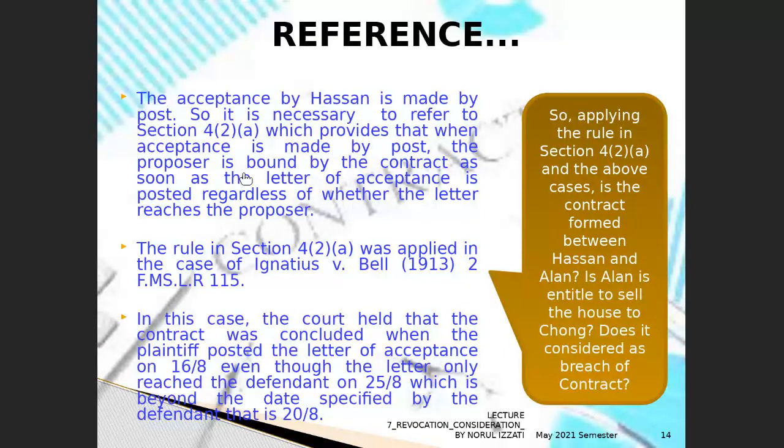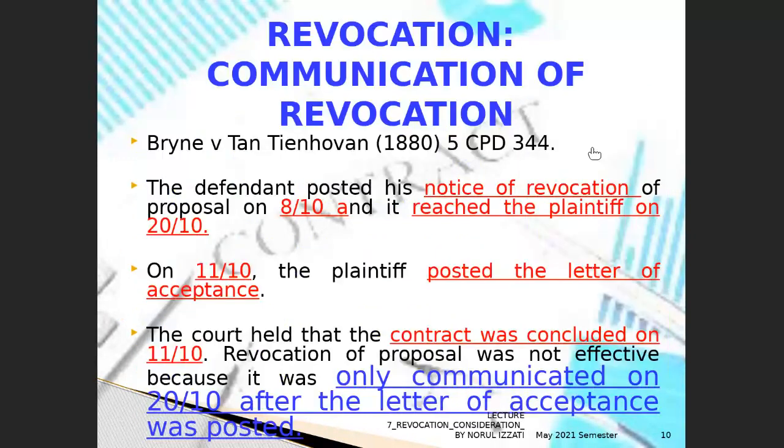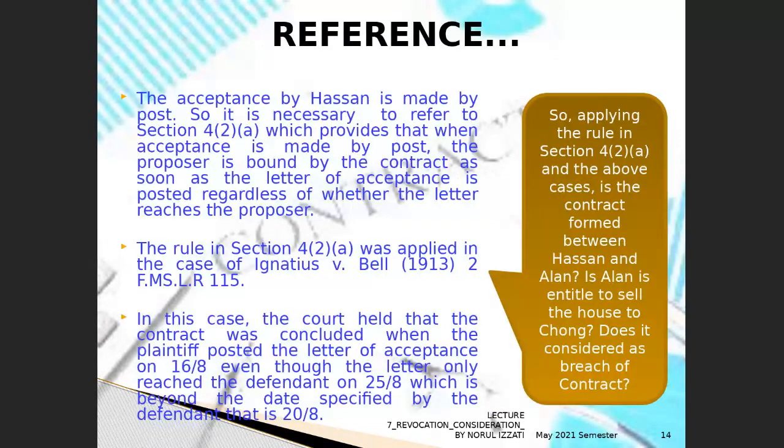Then you can explain by writing the person who is stated in the scenario given. The rule in section 4 was also applied in this case, Ignatius versus Bell. Remember, this is the first issue that I did mention to you. I think it is not mentioned here, but it is also applied in the following case.